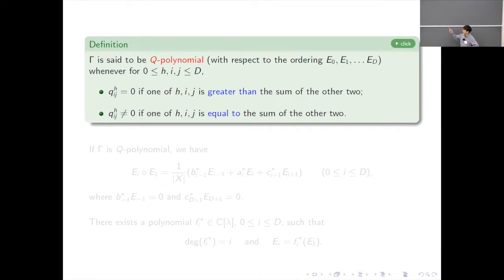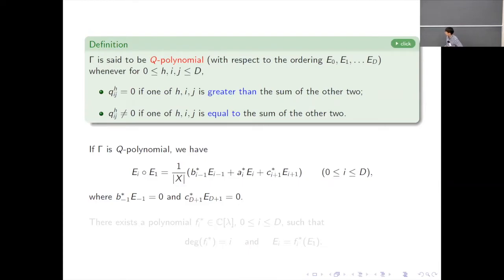In fact, this is a very formal definition, so if you want to really understand and learn a more practical method, please pay attention to Professor Terwilliger's lecture. If gamma is Q-polynomial, then we have this equation: E_i circle E_1 is a three-term recurrence.